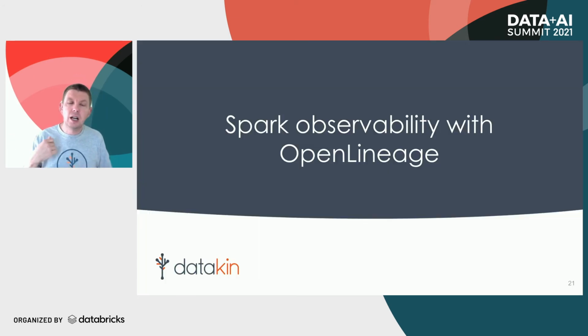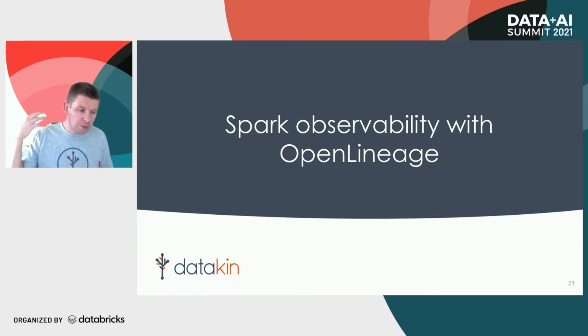Now I will talk more specifically about how we do the Spark integration for OpenLineage, right? The goal is how do we achieve observability for Spark in this particular context?